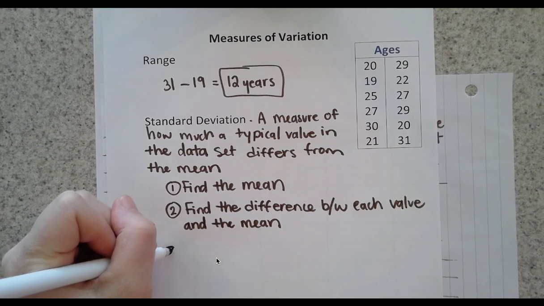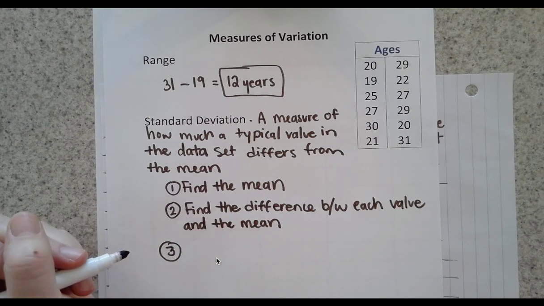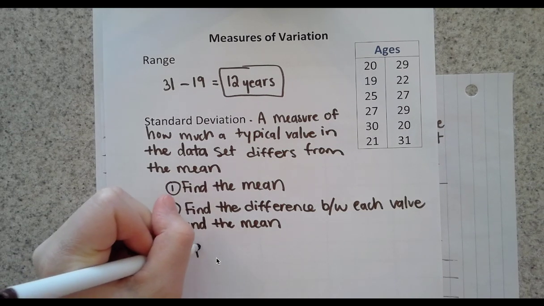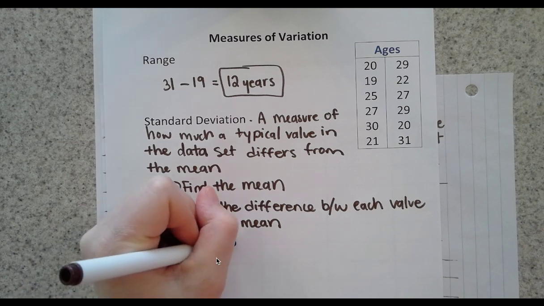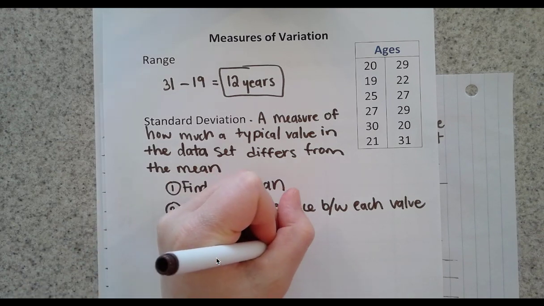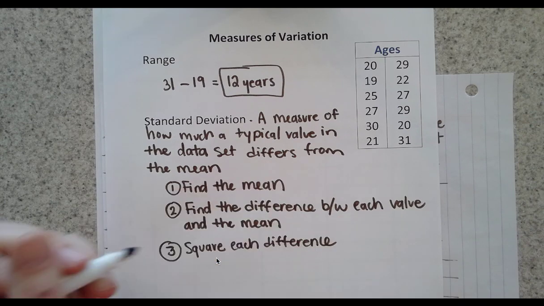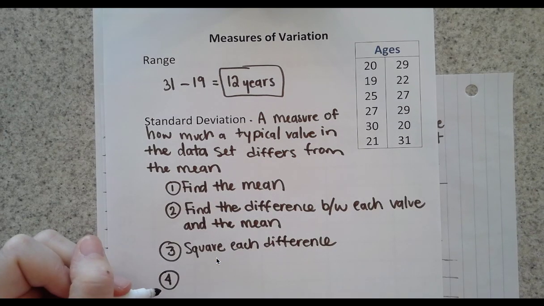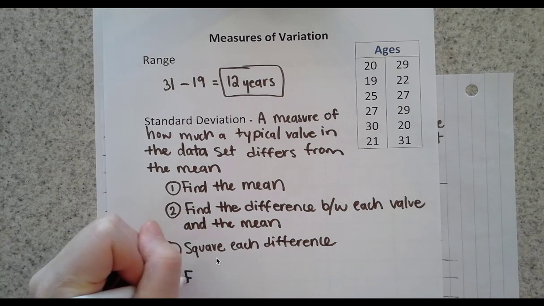Okay, step 3 in finding standard deviation is to square each difference. Step 4 is to find the mean of all the squared differences.